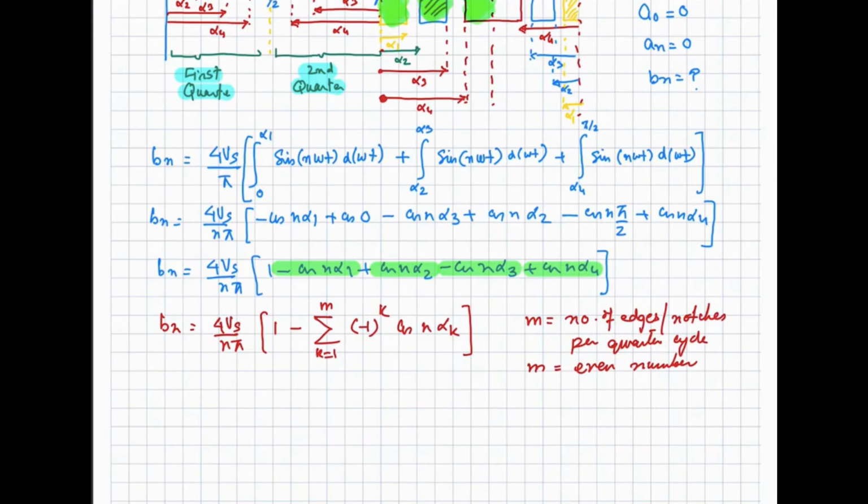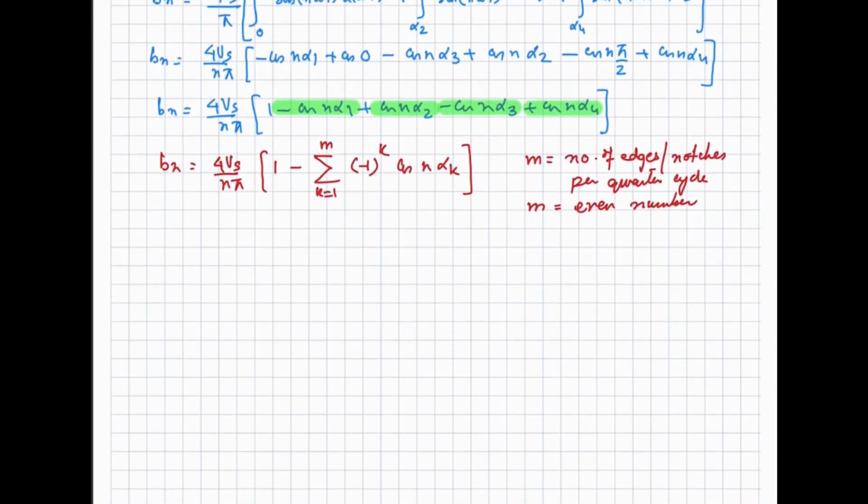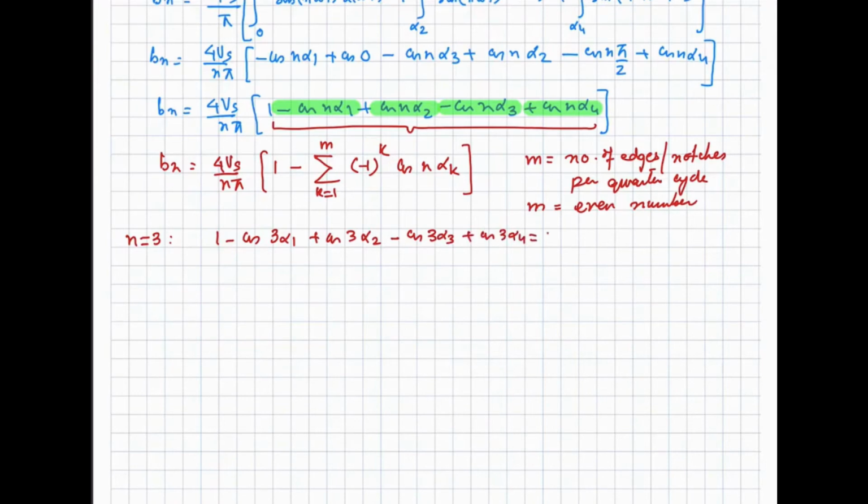Okay, now from this we can write down the equations by which we can cancel out a particular set of harmonics. If we want to cancel out the third harmonic, then this part should be set equal to 0 for n equal to 3. So for n equal to 3, I can write 1 minus cos 3 alpha 1 plus cos 3 alpha 2 minus cos 3 alpha 3 plus cos 3 alpha 4, that will be equal to 0.